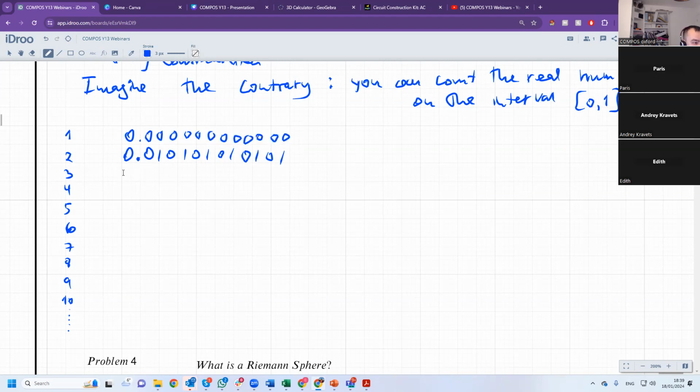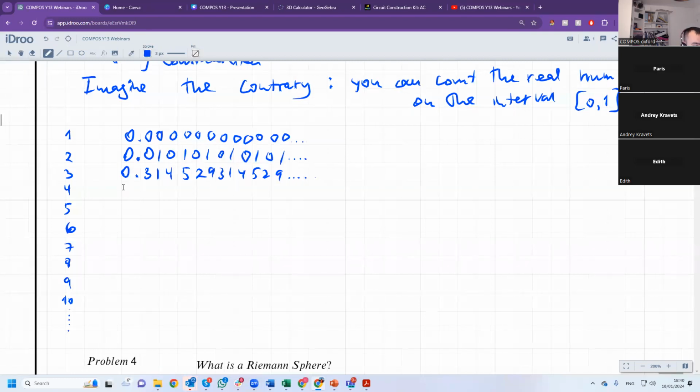The third number is, I don't know, 0.314529, because I don't remember the rest of the digits. They're all infinite, right? Because any real number is written with infinitely many decimal places.